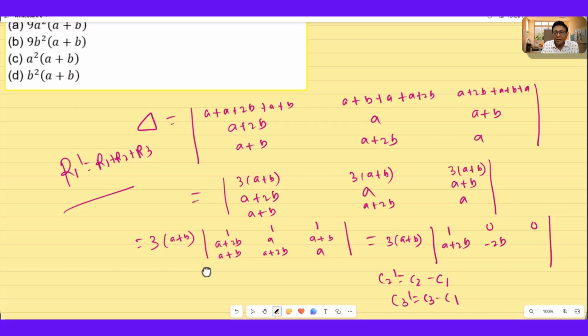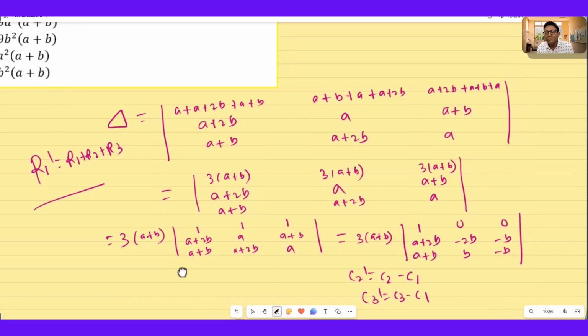This you are subtracting. First column. So there will be again minus b, a plus b, this is b only, and this is minus b. Alright? Now we can expand it. The value is going to be 3 into a plus b, 1 multiplied by 2b square plus b square.